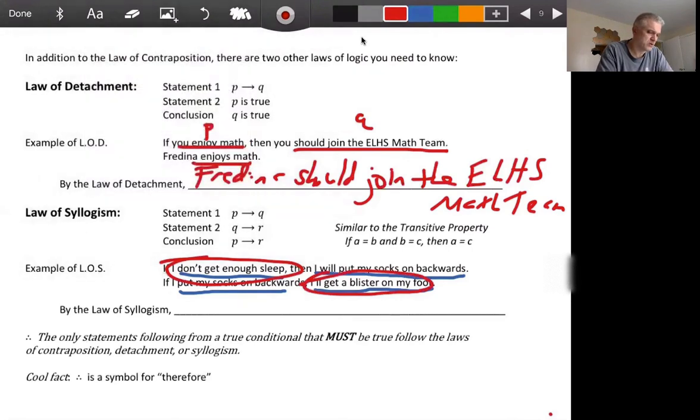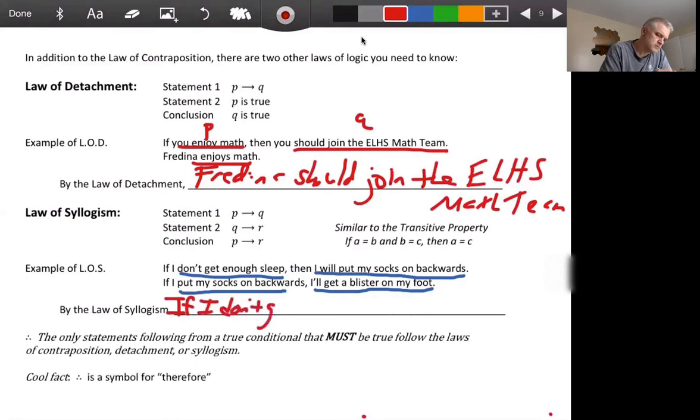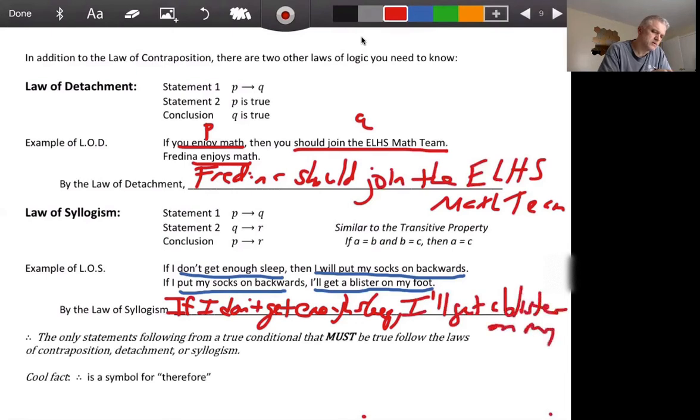So by the law of syllogism, if I don't get enough sleep, then I will get a blister on my foot.